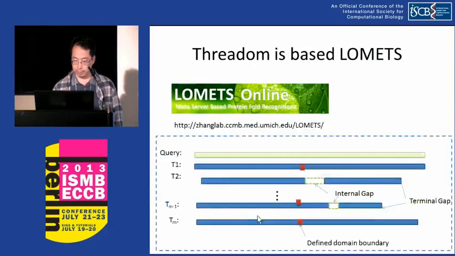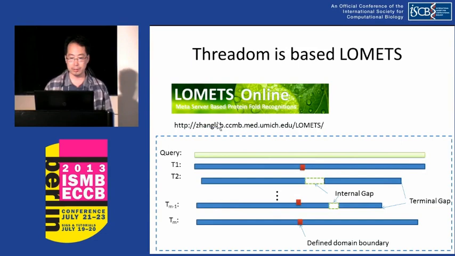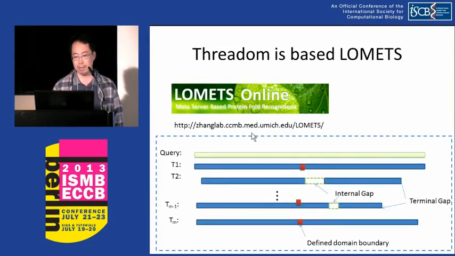Okay. Here is LOMETS. LOMETS was developed by Jeff Skolnick's group, and it collects templates like this. This is the query sequence, and here are template 1, 2, and template M. These templates come from multiple threading algorithms.